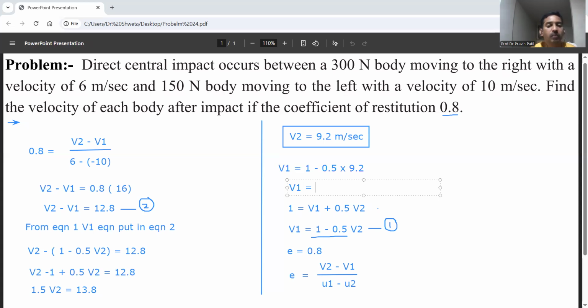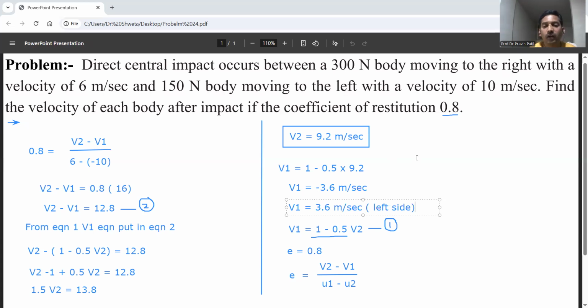That will be minus 3.6 meter per second. The negative sign means it is left side. After impact the first body will be going left side at 3.6 meter per second.